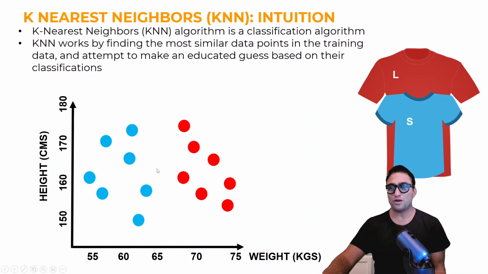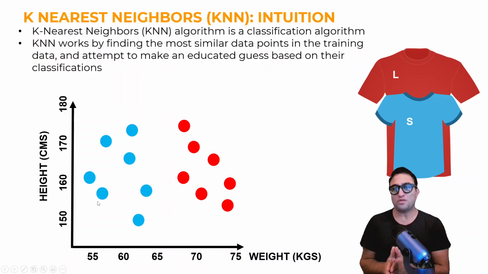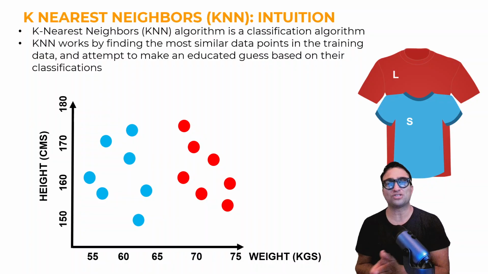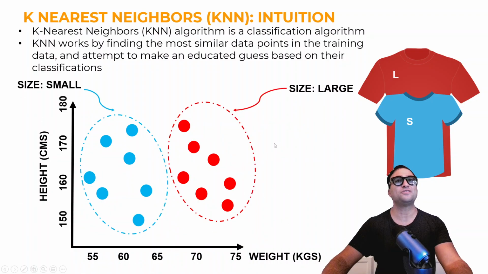Based on the customer features, weight and height, I'm going to say: do they belong to the blue class or to the red class? That's all there is. Would they wear a large size or a small size? The red class is simply the large size, so these points here. And the blue ones are the small size, which are these ones here.